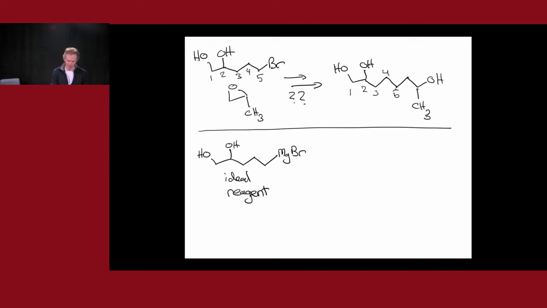If we think about this mechanistically, so a little bit of review. If we were able to use this ideal reagent, we could use the curved arrow formalism and show how we would attack the less substituted side of the epoxide. That would generate an alkoxide.